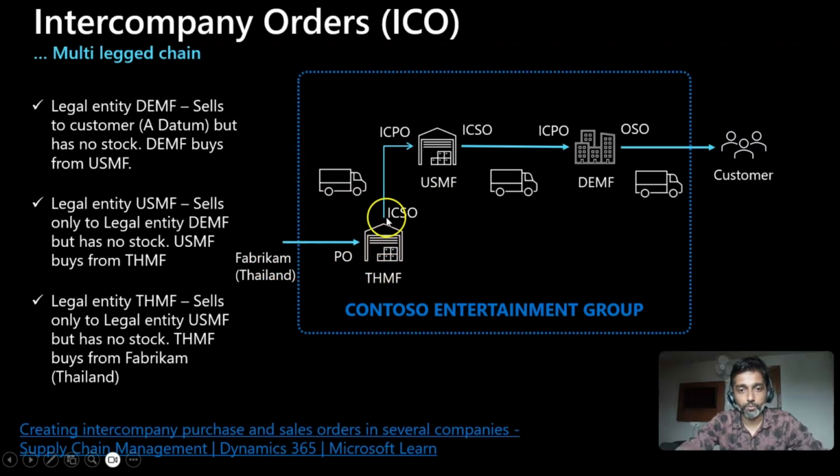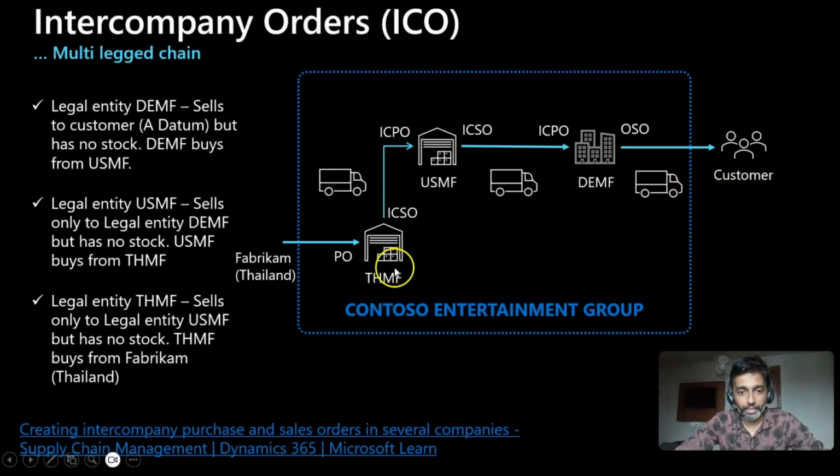Then THMF has to fulfill the intercompany chain to USMF, and USMF has to complete the intercompany chain and fulfill DEMF, and at last DEMF completes the original sales order invoicing and dispatches the material to the customer. So there can be multiple scenarios in real time which may arise because of intercompany orders.